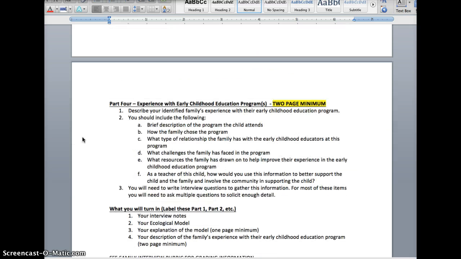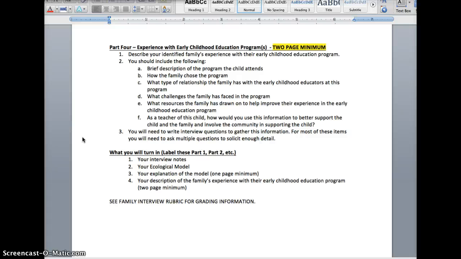So that's part 3. Part 4, we're kind of changing gears a little bit. This is a 2-page minimum. Again, that is a minimum. And what this section is about, it's specifically about your identified family's experience with the early child education program their child attends, or perhaps it could be multiple programs if they've attended multiple programs.